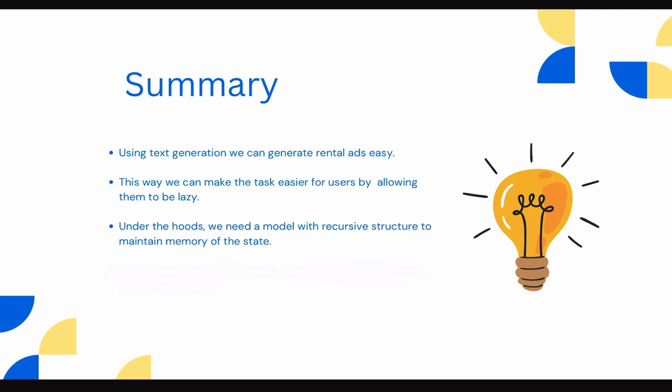These advancements laid the groundwork for modern text generation methods, allowing for automated tasks such as creating rental ads and simplifying user experiences. By understanding and applying these foundational models, we can appreciate the evolution of text generation techniques and the significant improvements brought by contemporary architectures like transformers.